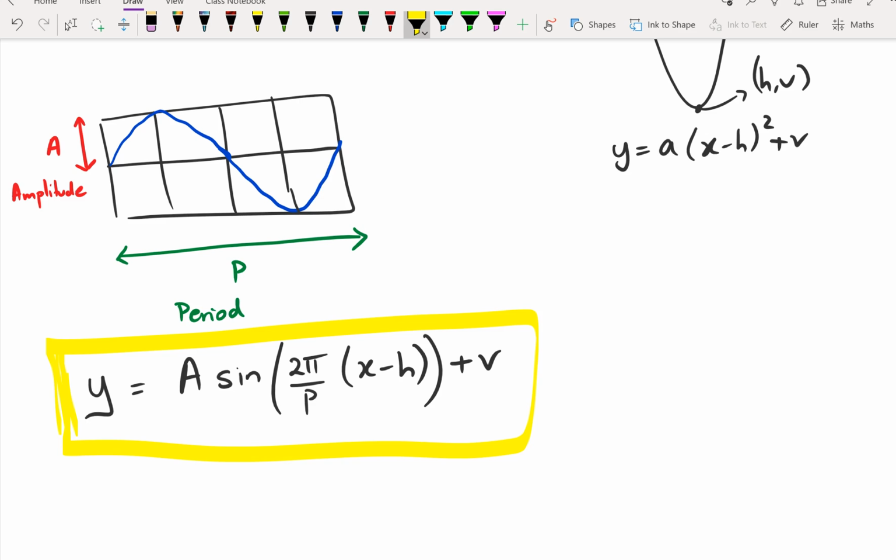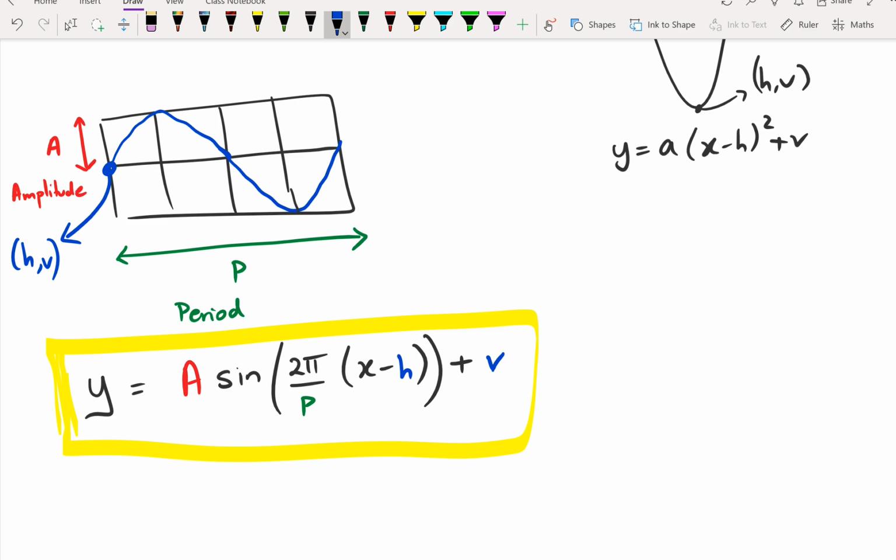Now I know it looks quite long, but in reality, I'm going to show you where all of these things come from. So the A, I'm going to replace it with the red color there because that's the amplitude. The P is your period right there. And now you're wondering where the H and V are going to start off from. The H and V is this point right here.